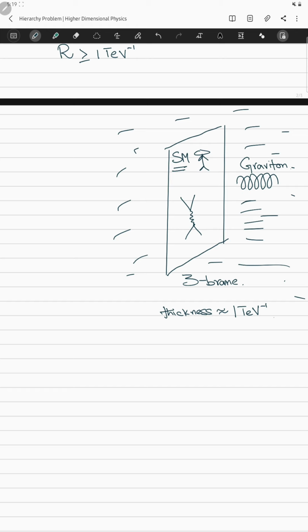So we are going to talk about this 3-brane, and why I say that the standard model fields must be localized on it. We can mathematically write that down and see why that is the case.